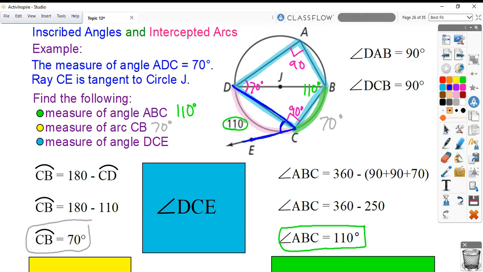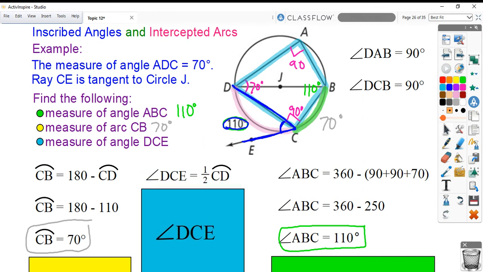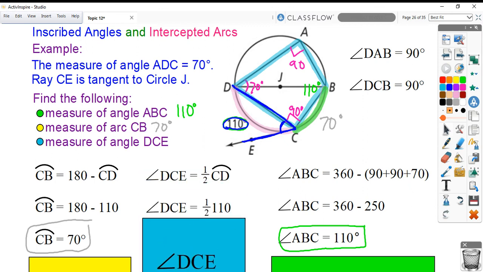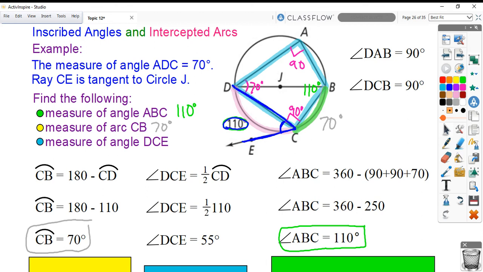We said that the angle is half of the arc, and this time it's talking about the angle in between a chord and a tangent line. So the angle is half the arc. We already said that the intercepted arc is 110 degrees. So if we take half of 110, it gives us our angle, 55 degrees.